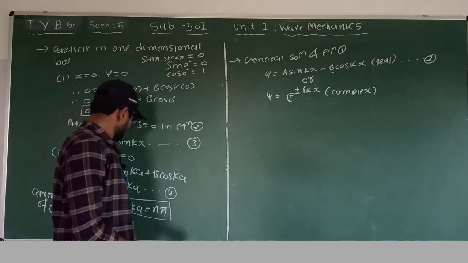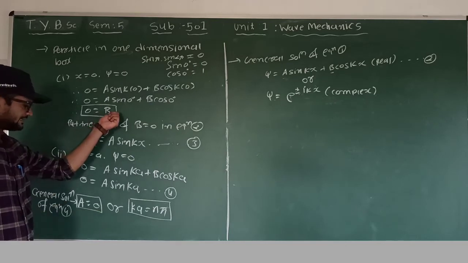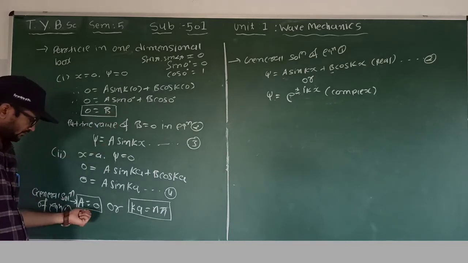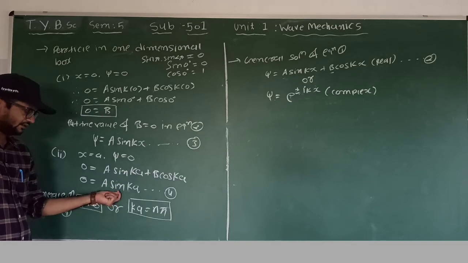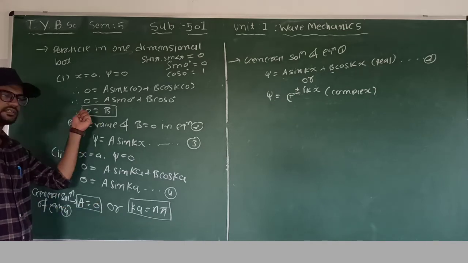So here in this case A is 0, B is 0. If I assume A is equal to 0 in this case, the value of A is equal to 0 and B is also 0.